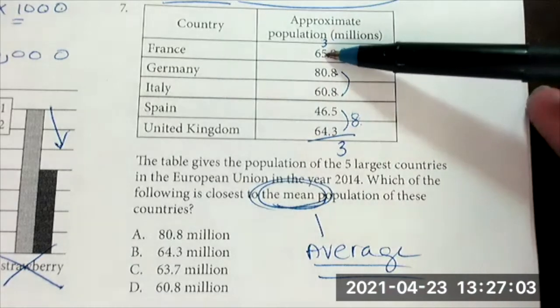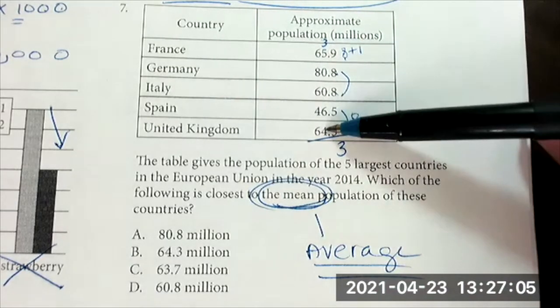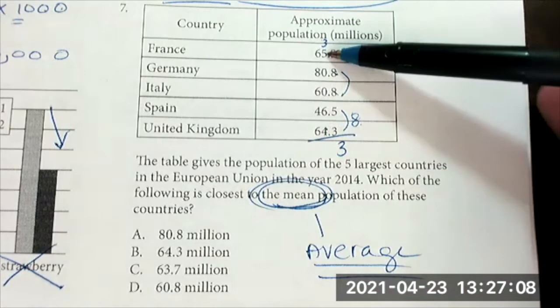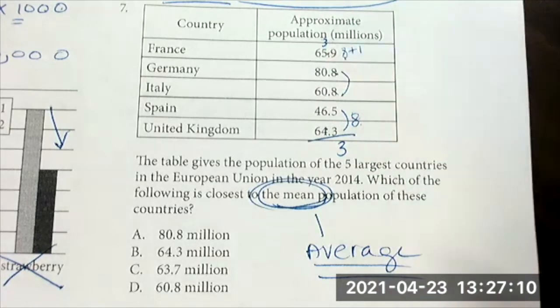And then you have 6 plus 4, 10, plus 5, 15, plus 3 more, 18.